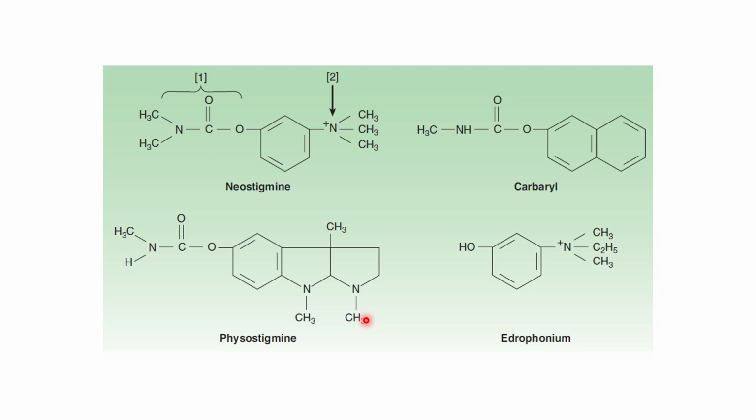The organophosphate cholinesterase inhibitors are well absorbed from the skin, lung, gut, and conjunctiva, thereby making them dangerous to humans and highly effective as insecticides.